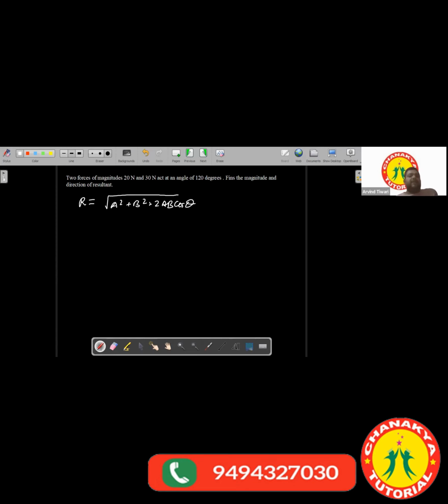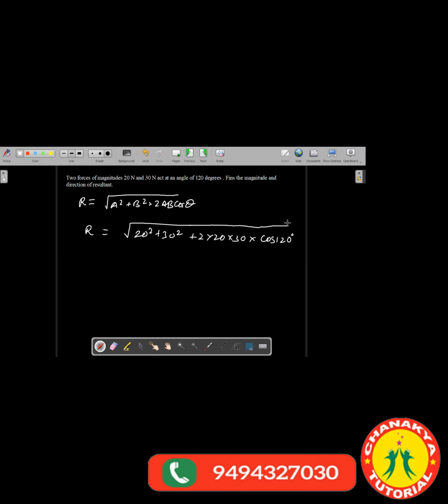The two vectors are given. I can put the value of R as under root of 20 squared plus 30 squared plus 2 times 20 times 30 times cos 120. Cos 120 will be minus 1 by 2.